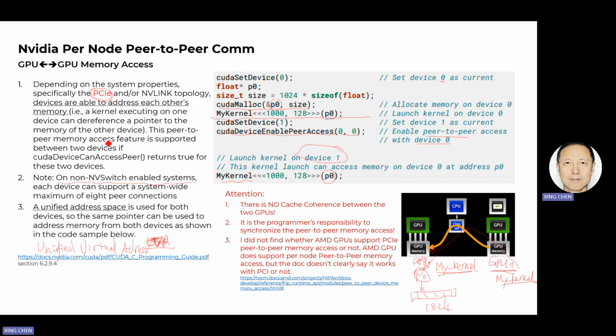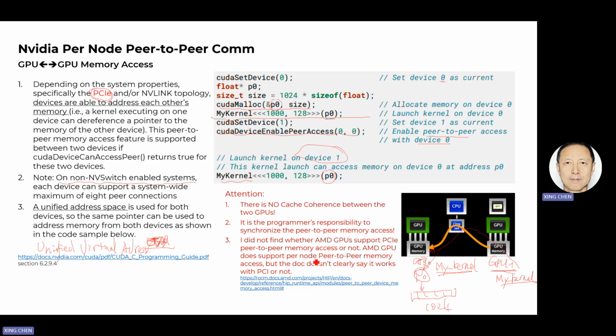GPUs in the PCIe form factor, if you have not more than 8 GPUs per server, these 8 GPUs can do peer-to-peer memory access. But there are some attentions we need to pay. Here is that there is no cache coherency between the GPUs. It's the programmer's responsibility to synchronize the peer-to-peer memory access.